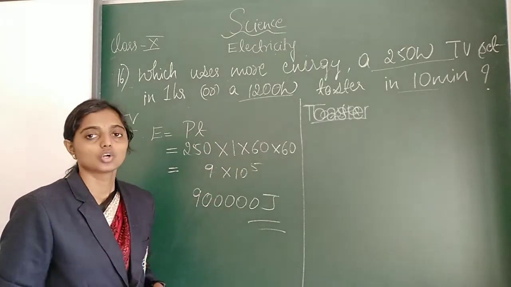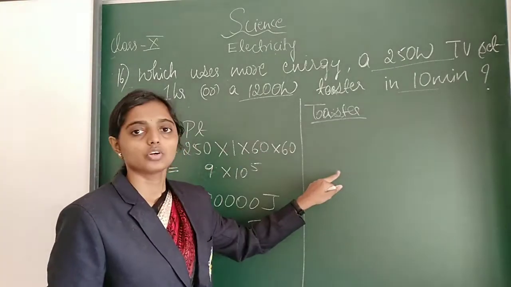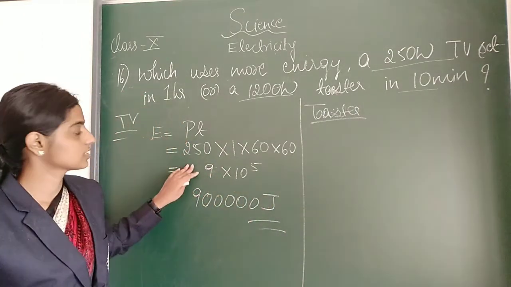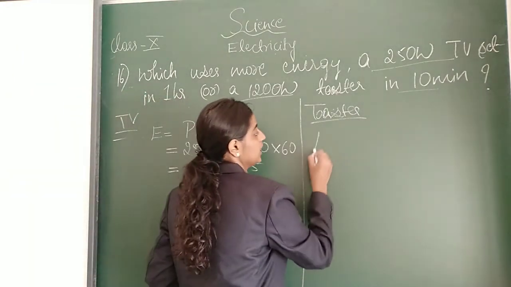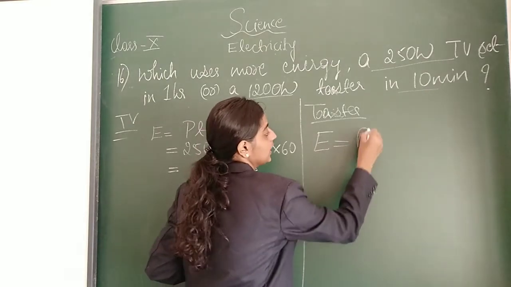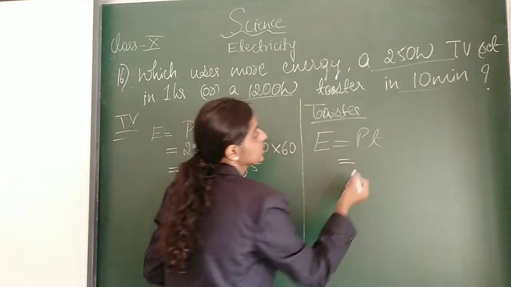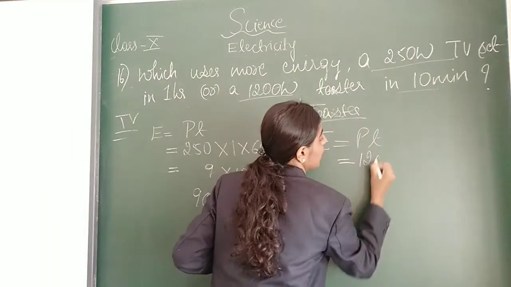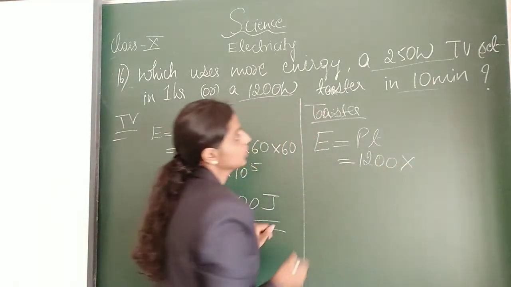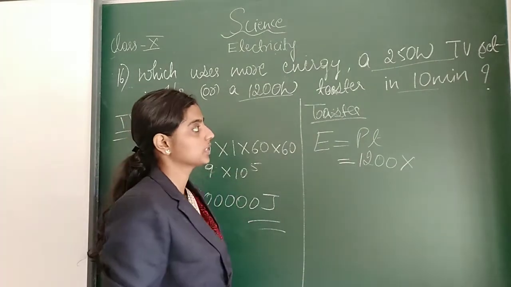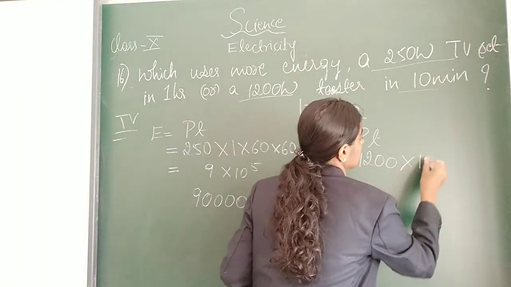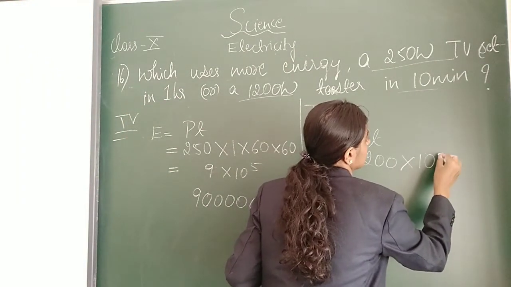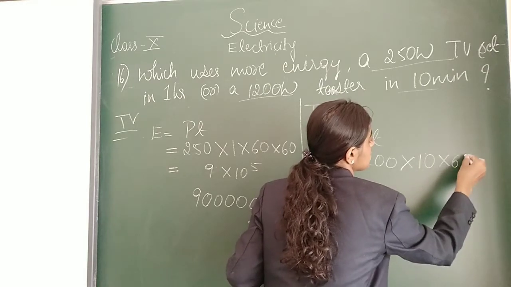Next we will go for toaster. For toaster, let us use the same formula, that is E is equal to P into T. Here P is what? Power, that is 1200 watt. Time, look here, 10 minutes, that means 10 minutes into 60 seconds.